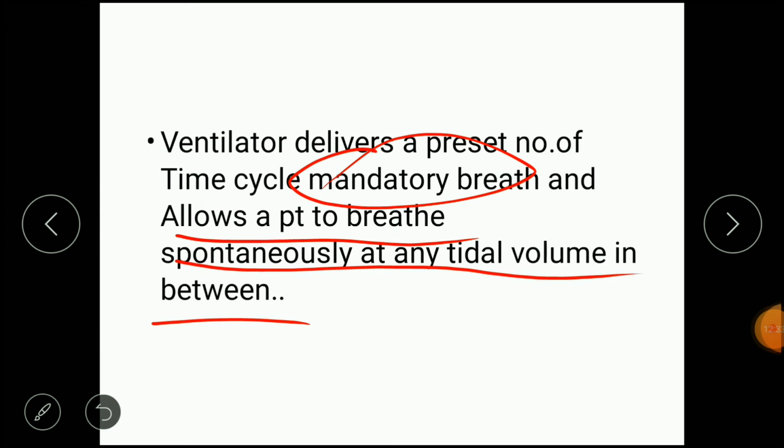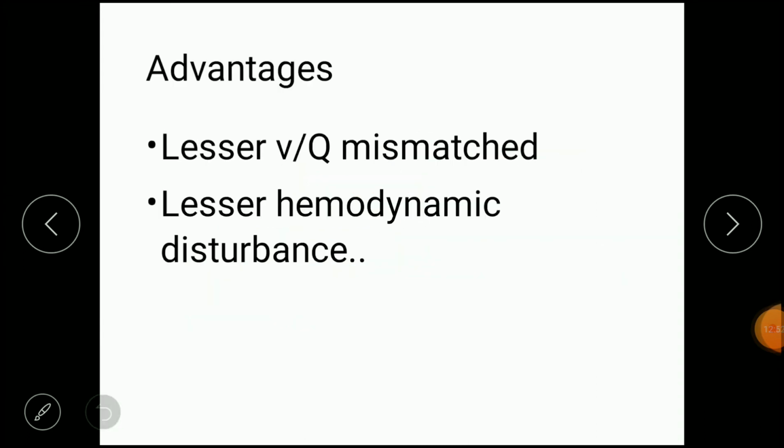So the machine itself synchronizes the patient's tidal volume and the ventilator's tidal volume, and then the specific amount of breath can be delivered to the patient. That's why it is known as mandatory ventilation, that means intermittent mandatory ventilation.